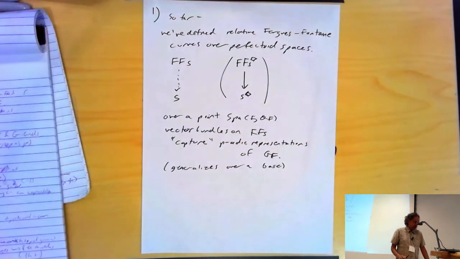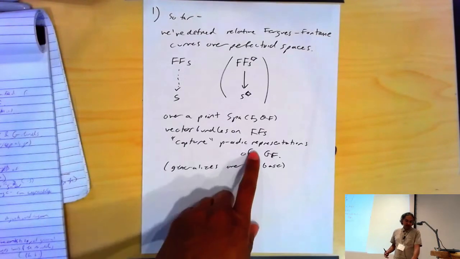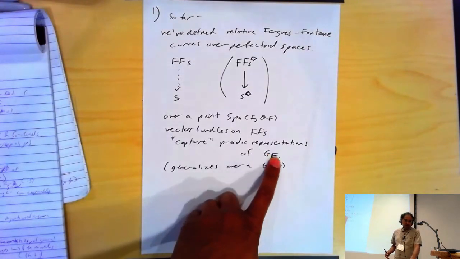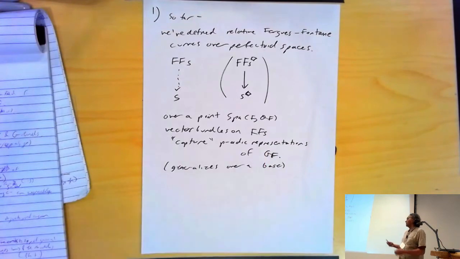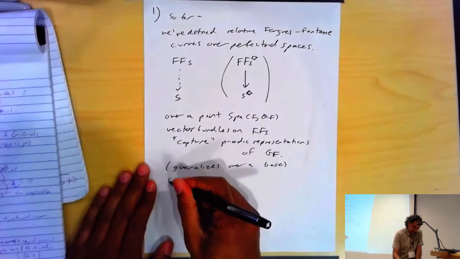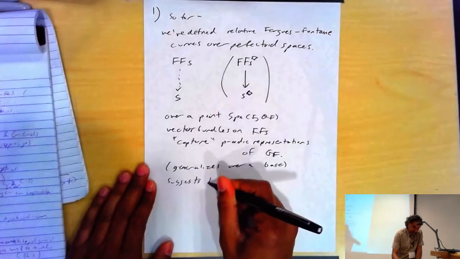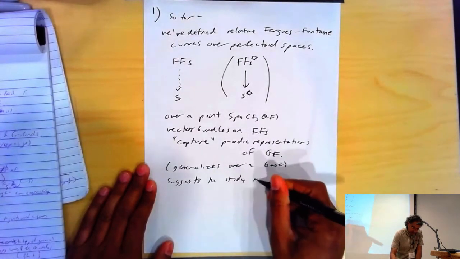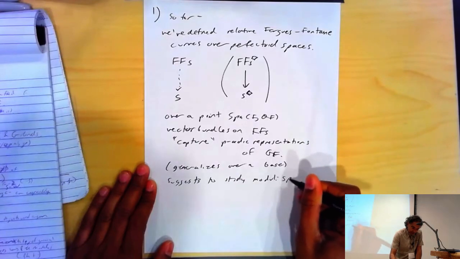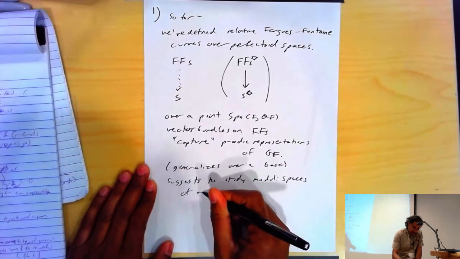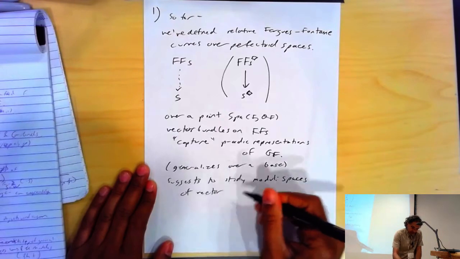So that sort of suggests that in order to understand families of p-adic representations, or a sort of moduli of p-adic representations if you want, we should study moduli spaces of vector bundles on these relative curves.